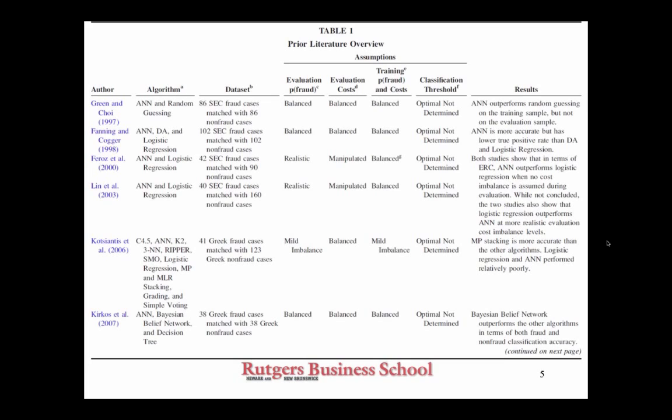At the other extreme, he will use 1 to 100, meaning that a false negative is 100 times more expensive than a false positive. And he will use 1 to 10, 1 to 20, 1 to 30, and so on, up to 1 to 90. Okay?